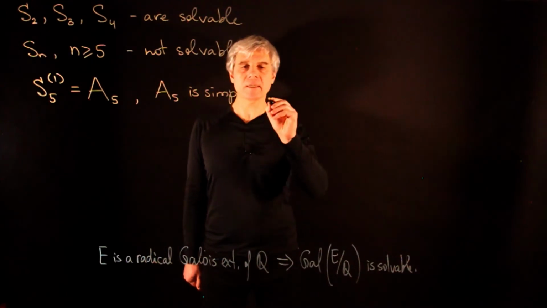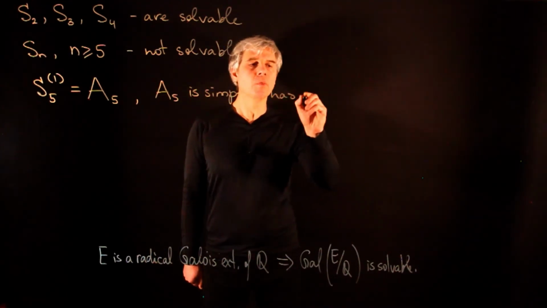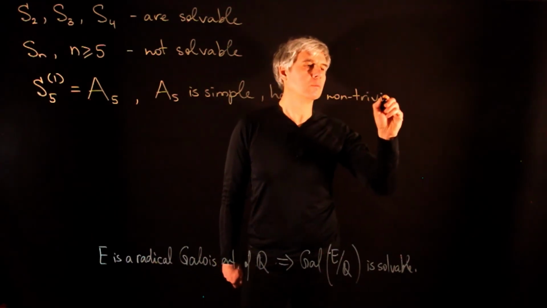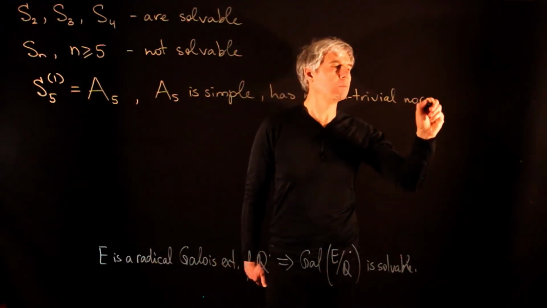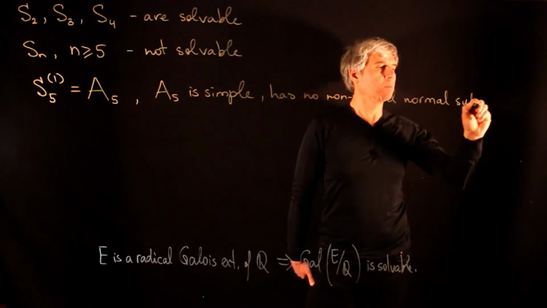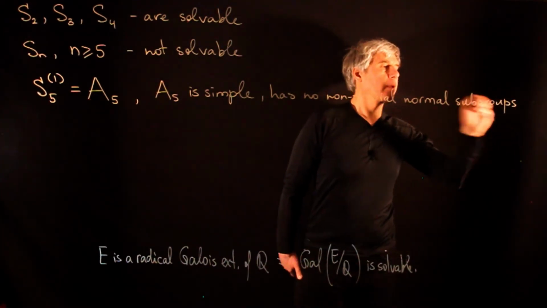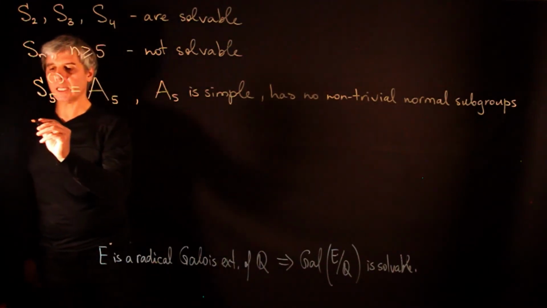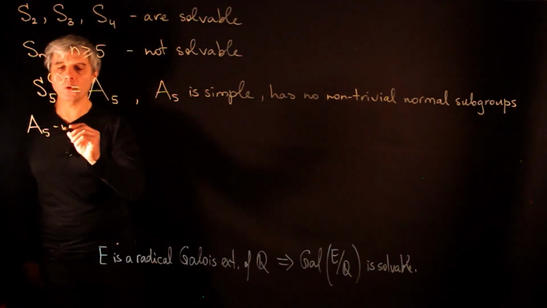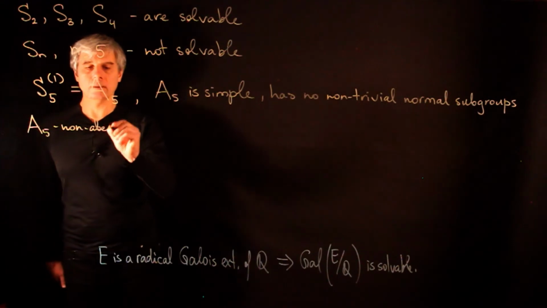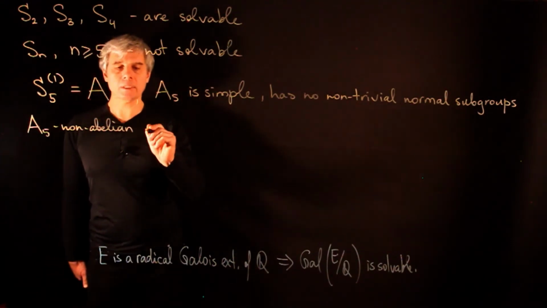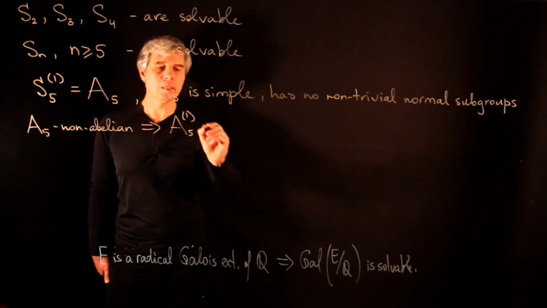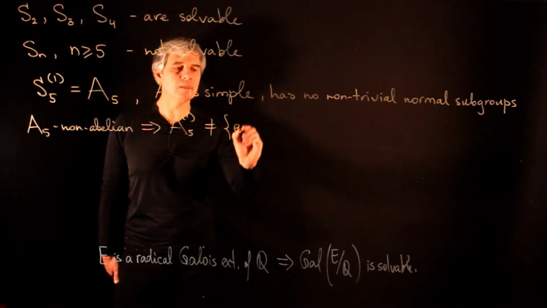So this means that it has no non-trivial normal subgroups. And the commutator subgroup is normal. So because A5 is non-abelian, this implies that the commutator subgroup of A5 is different from identity.